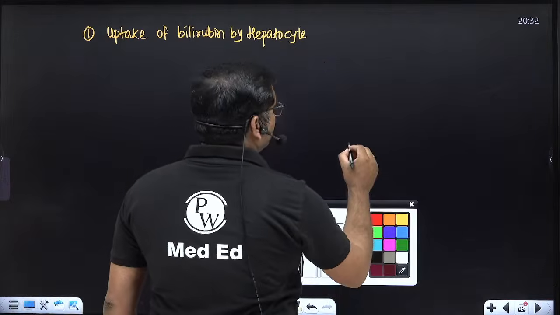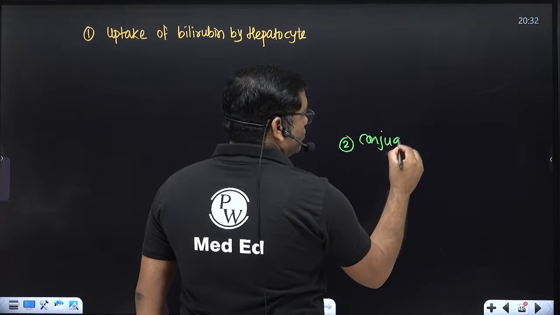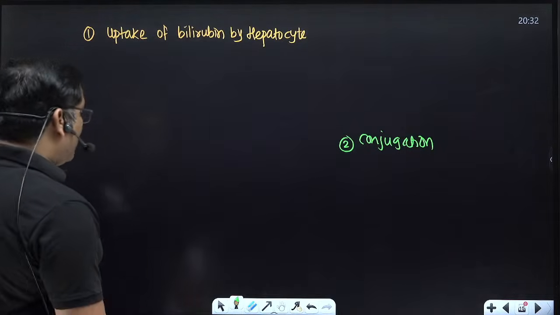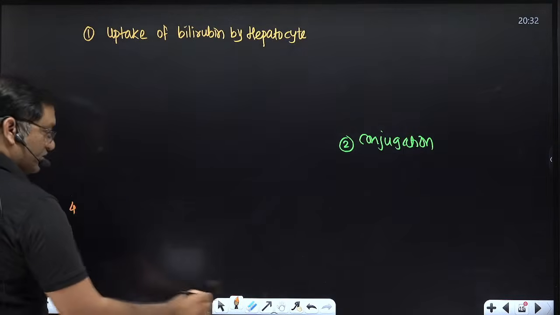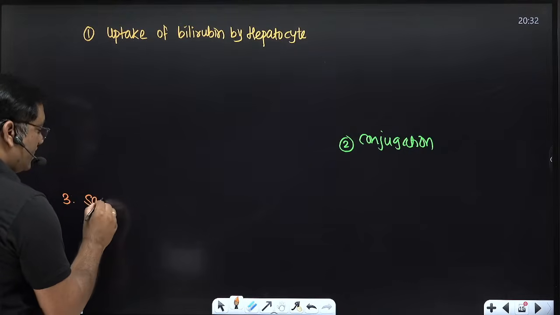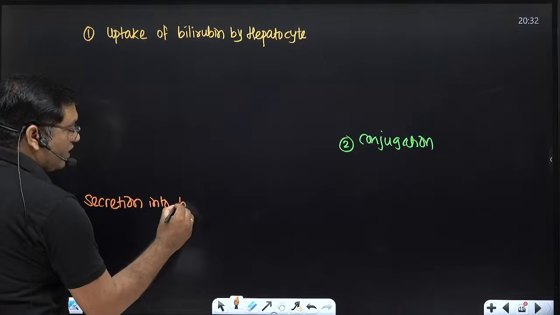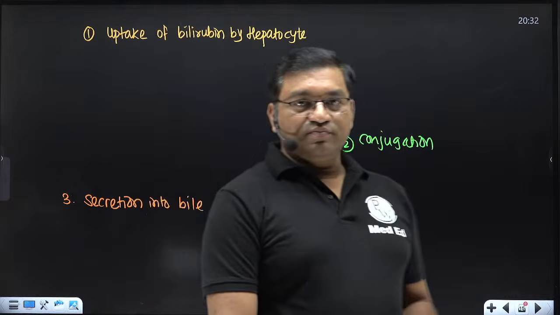Second is the conjugation of bilirubin by UDP glucuronyl transferase. And the third step is the secretion into bile canaliculi. This is the rate limiting step, that is secretion into bile canaliculi. These are the three steps in bilirubin metabolism.